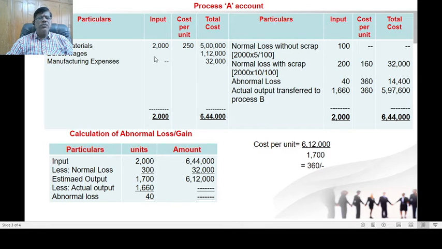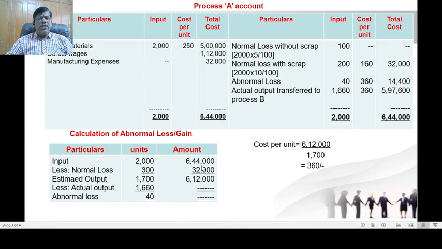Input is 2,000 and the total cost is 4,66,000. Less normal loss, 100 plus 200, that is totally 300 units. The residual received is only 32,000. Deduct from this figure, you will get 1,700 estimated output in units.